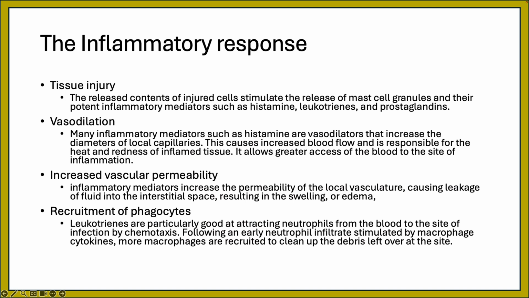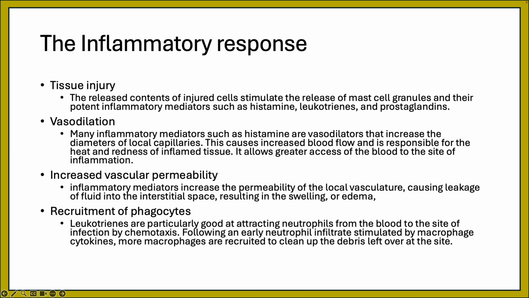The tissue injury portion of the inflammatory response is when you're going to release the contents of injured cells, thus recruiting mast cells, stimulating the release of the mast cell granules and mediators such as histamine.